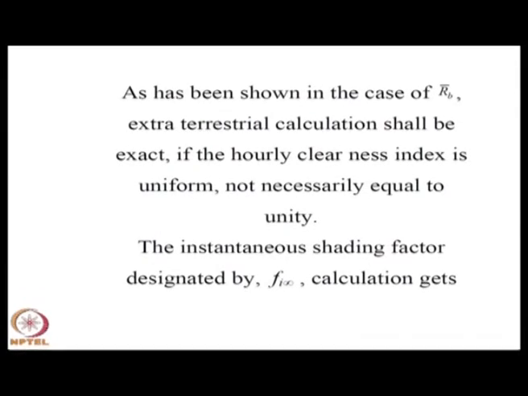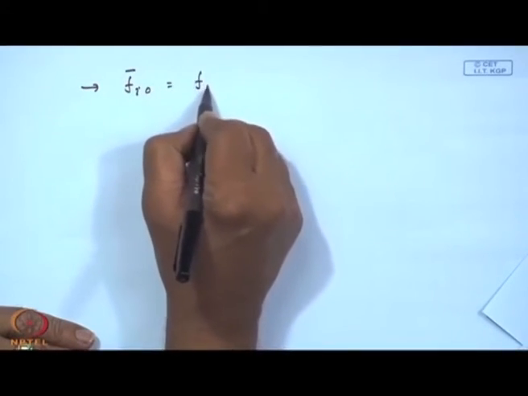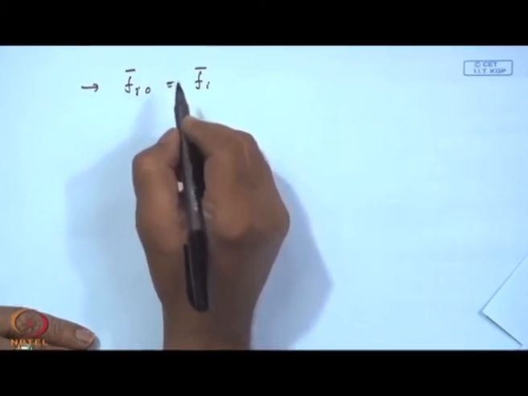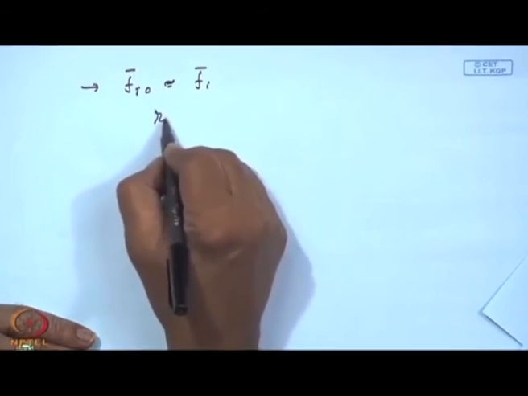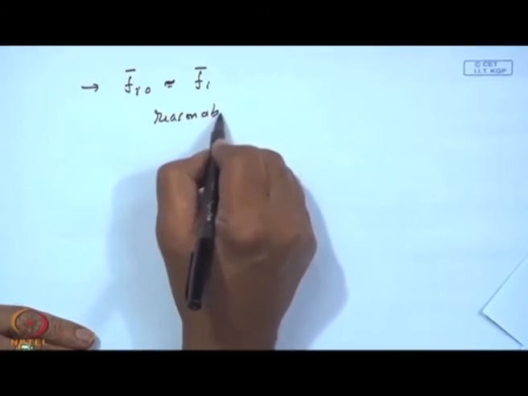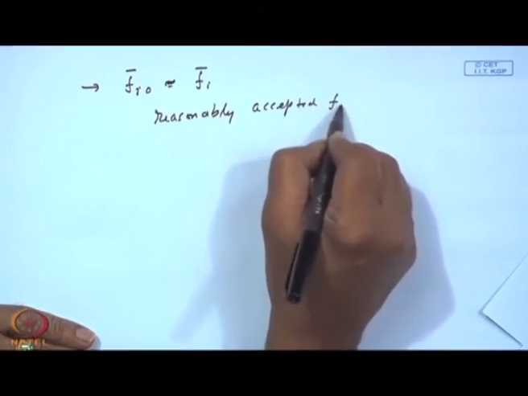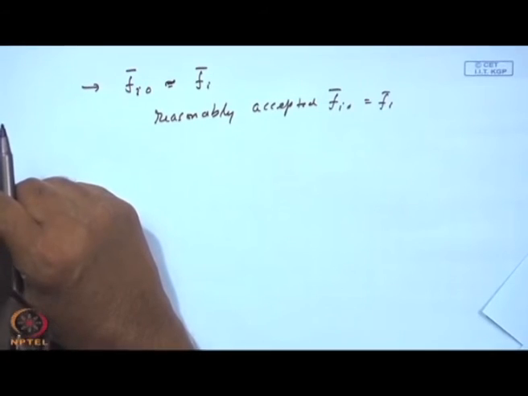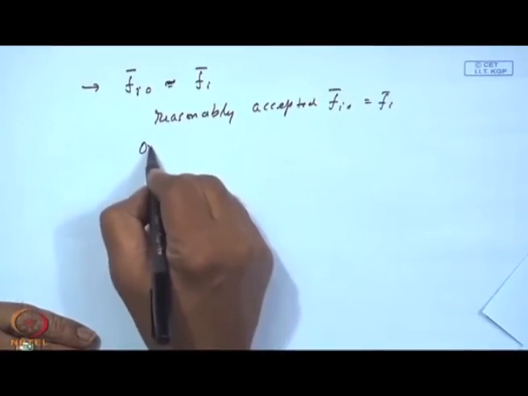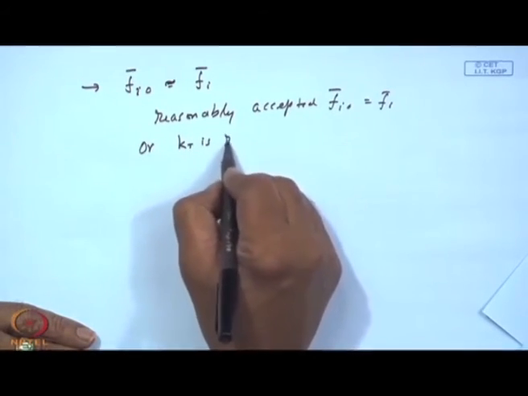Now, you can go through the same logic: Fi bar is approximately equal to Fi, which is reasonably accepted because the error is being committed both in the numerator and the denominator, and your Kt is reasonably uniform.